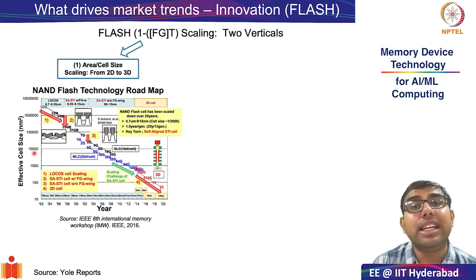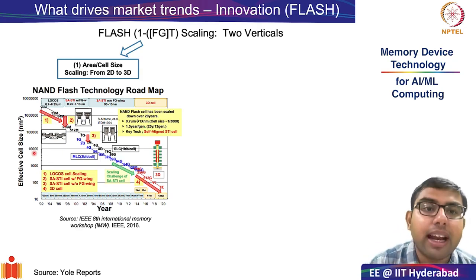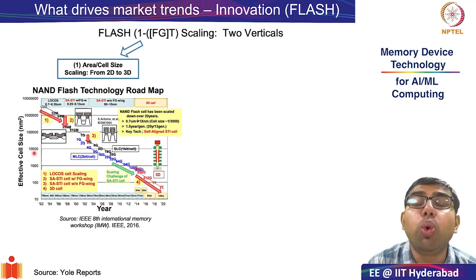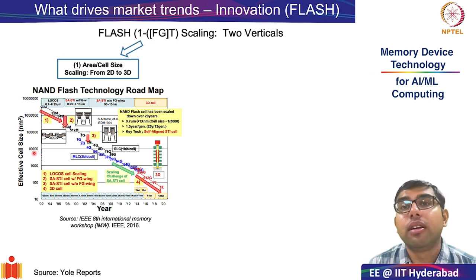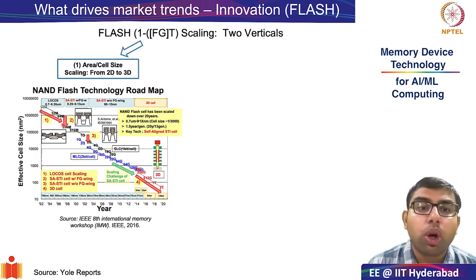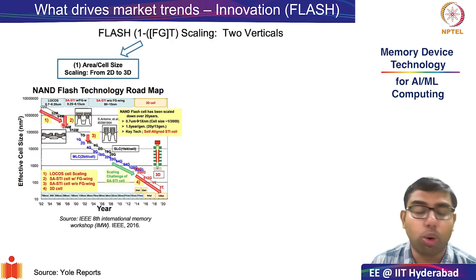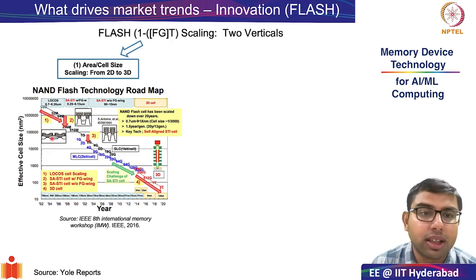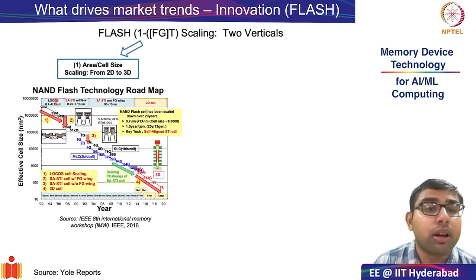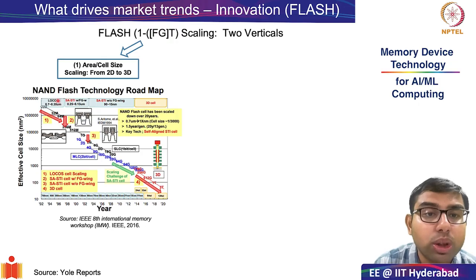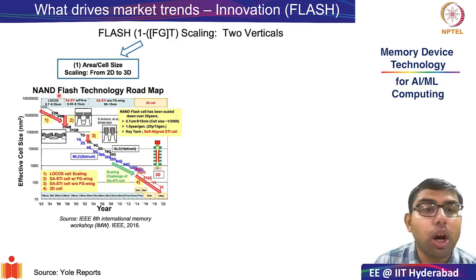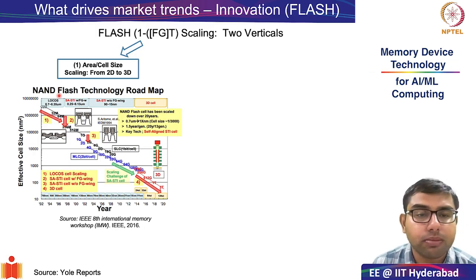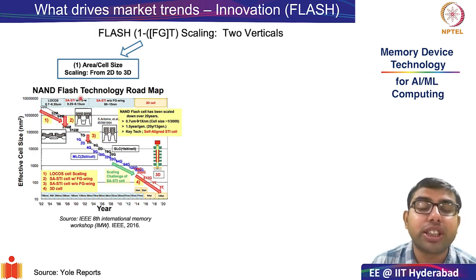This is also divided into two eras. The first era is that of scaling the two-dimensional or 2D floating gate transistor. You may have seen in a regular VLSI technology course that in earlier technology nodes, two transistors were isolated through a process called LOCOS, which stands for local oxidation of silicon. This saw a transformation when we moved to shallow trench isolation, STI.